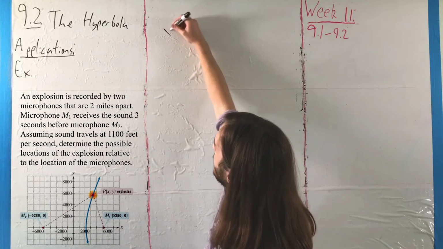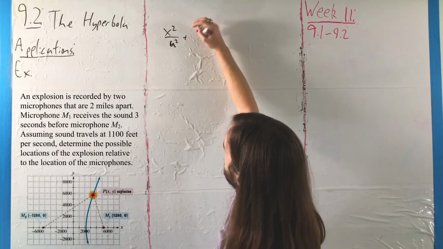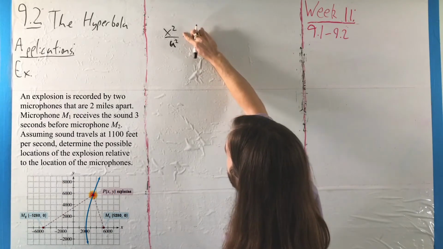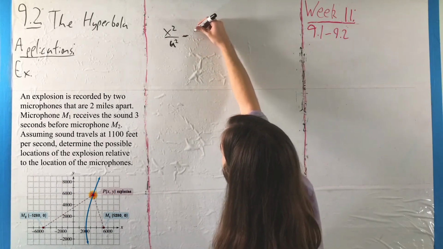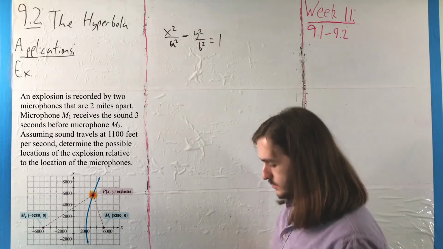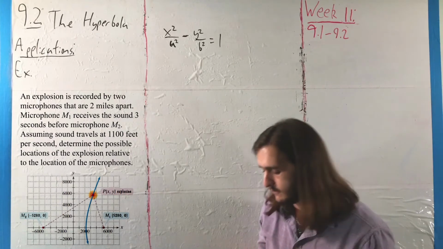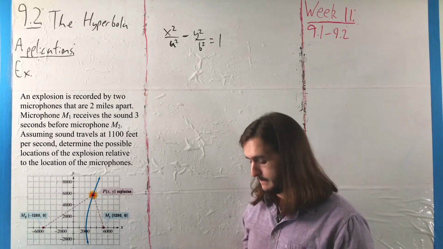As we are working from around the center with a horizontal arrangement, we have x squared over a squared minus y squared over b squared is equal to 1, and our goal here is going to be to use the information we have to find a and b.